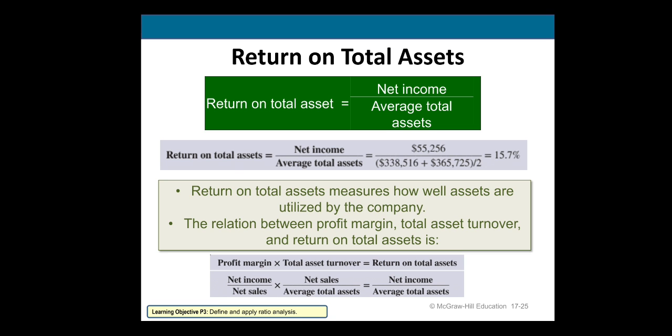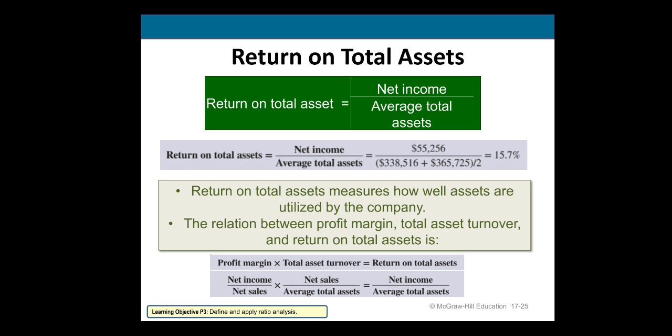Okay, you have to find the average. So ending balance plus beginning balance divided by 2, that is the average of the asset. So in this example, the return on total asset ratio equals 15.7%. See the light green box here.